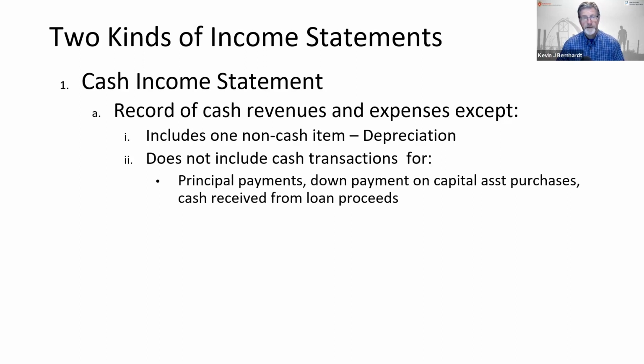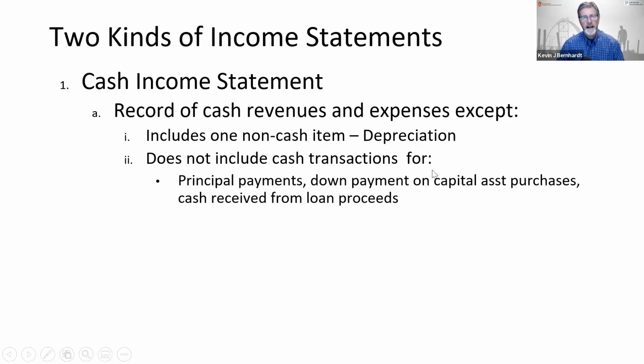Any principal payments made are not included on the cash income statement. Any down payment for a capital asset purchase is not included on the income statement. And any cash received from loan proceeds, that's cash coming into the business, but it does not go on the cash income statement. So there's a couple exceptions there for that.